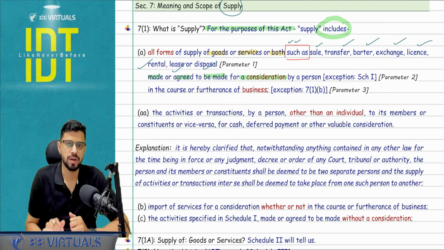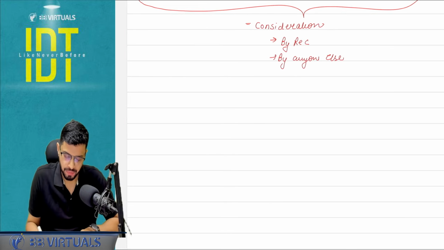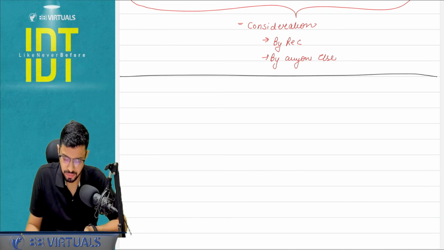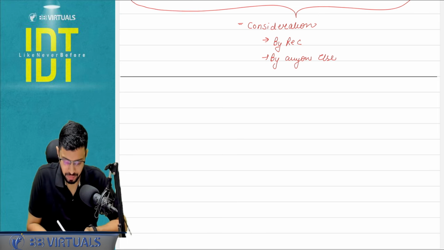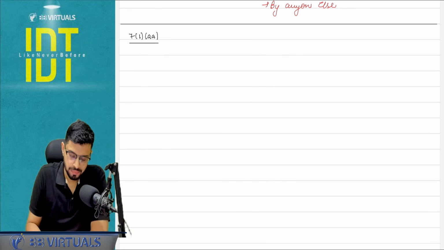But the basic three parameters are clear. Then let's talk about 7(1)(aa): section 7, subsection 1, clause aa. Let's take a small example.